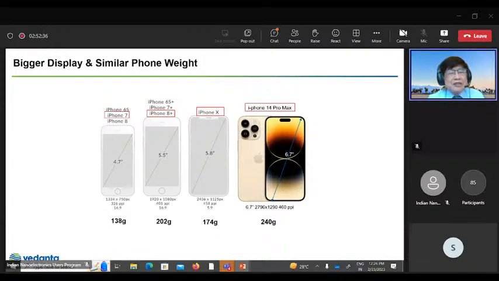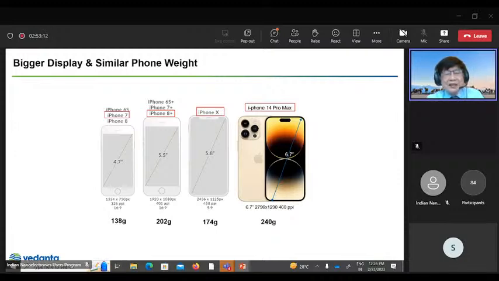We can see the migration from iPhone 7 to iPhone 14 Pro Max. The panel size increased from 4.7 inch, 5.5 inch, 5.8 inch to 6.7 inch. With narrow border technology and power saving solutions, the battery size is under control, and the form factor and weight are managed.